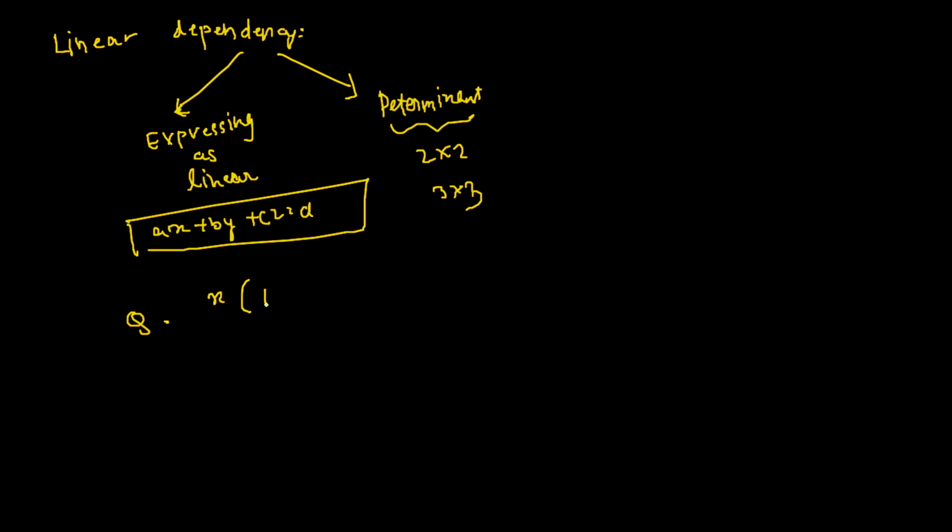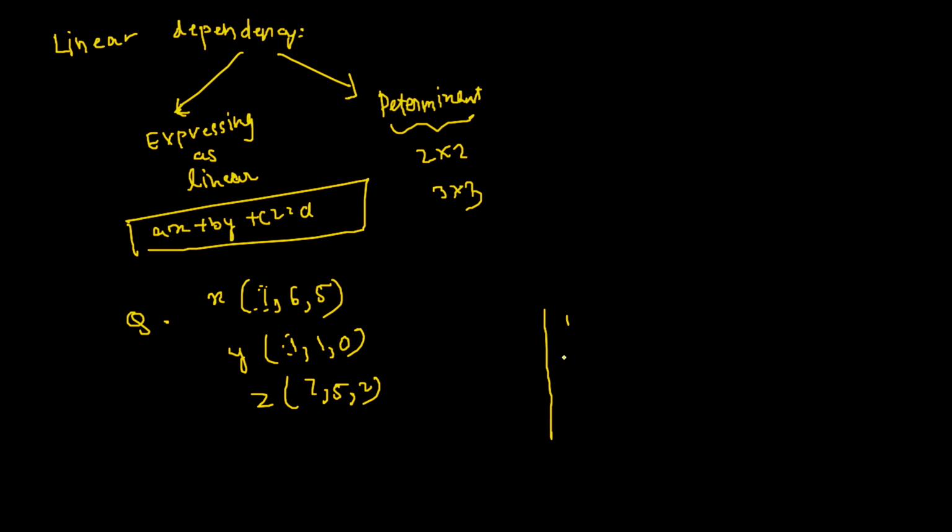So let's say we have x, which is 1, comma, 6, comma, 5, another vector y, 1, comma, 1, comma, 0, and another vector z, which is 7, comma, 5, comma, 2. What we need to find is the determinant of all of them. So we take the x coordinate values of all 3 points in a row, which is 1, 1, and 1. Then 6, 1, and 5, then 5, 0, and 2.